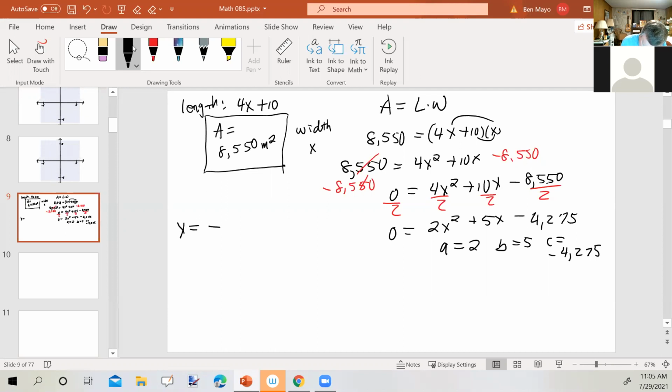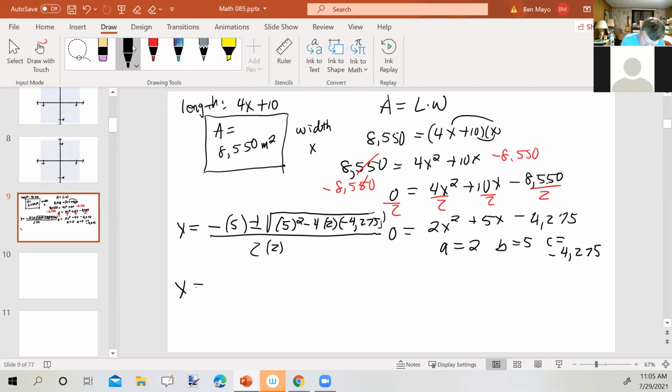Okay, so x equals negative b plus or minus the square root of b squared minus 4ac, all over 2a. So x equals -5 plus or minus the square root of 25. So I've got -4 times 2 times -4275. Negative times negative is going to be positive. Okay, 4 times 2 is 8.